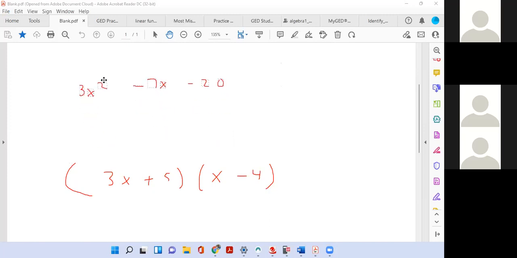So another way they could give you this problem is they might say factor 3x squared minus 7x minus 20.